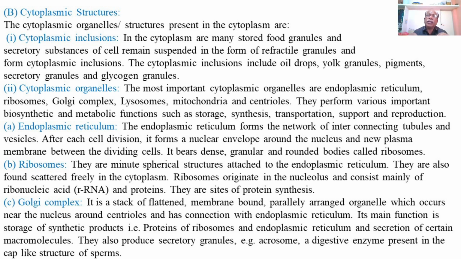ends of the cisternae, and thus the surface of the Golgi complex appears saucer-like or plate-like. So it is a stack of flattened, membrane-bound, parallelly arranged organelles similar to the endoplasmic reticulum, which occurs just next to the ER or the nucleus and around the centrioles, and it has a connection with the endoplasmic reticulum.